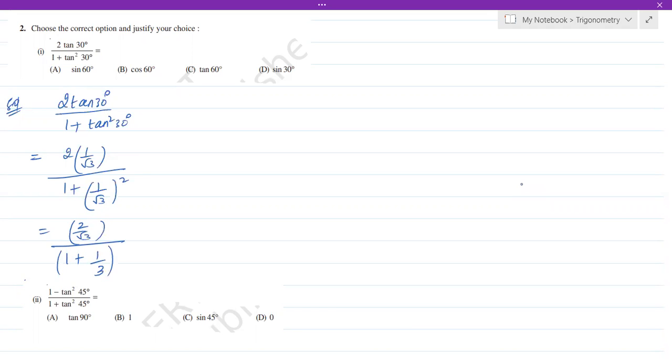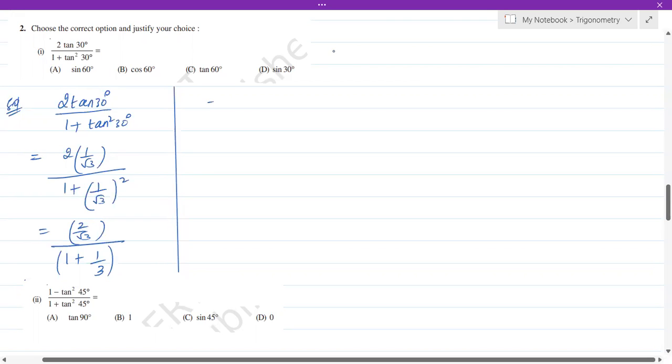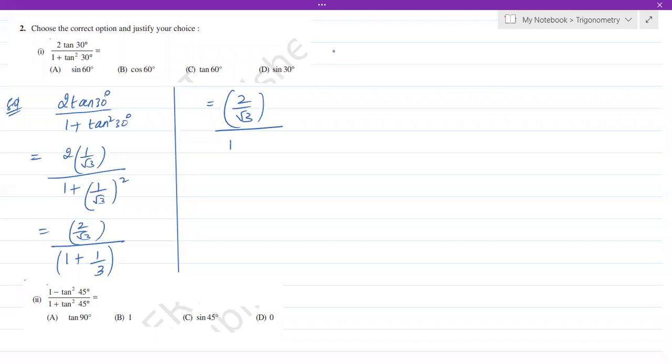So it becomes, let me write it here. It becomes 2 by root 3, 1 plus 1. This 1 plus 1 can be written as 1 by 1 and 1 by 3. Let's take LCM. In the next step, 2 by root 3. So if you take LCM, 1 into 3 is 3, cross multiply 3 plus 1.